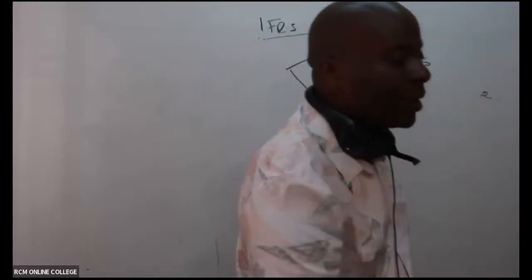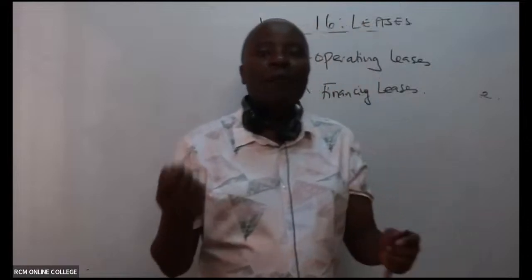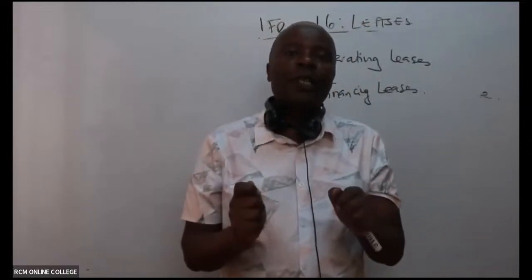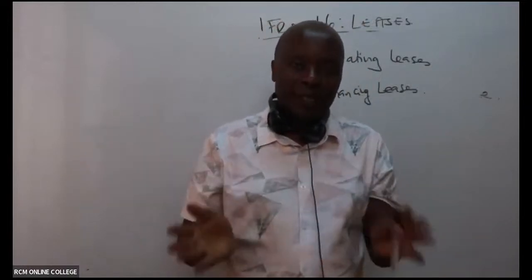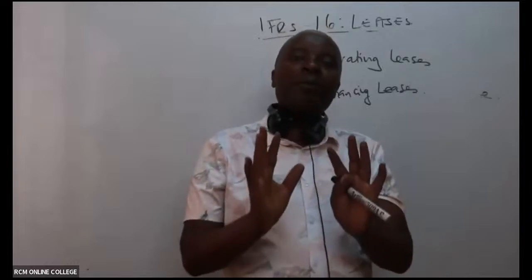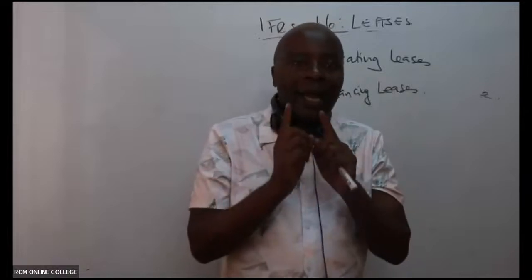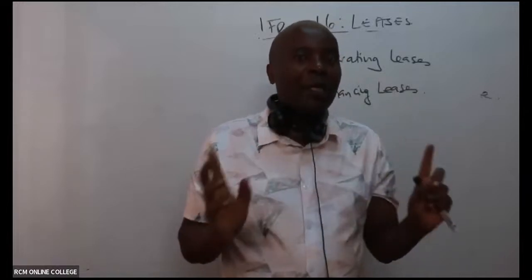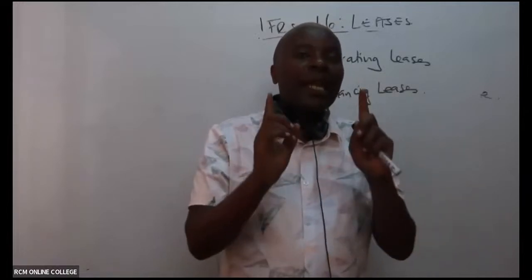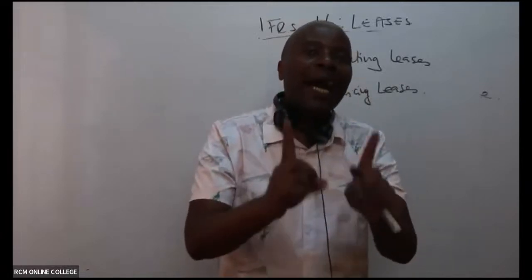At RCM Stanbank House, we've been given the right to use some space on the first floor. For those 5 years, the landlord will not be interfering with my space. So this right of use becomes an asset.